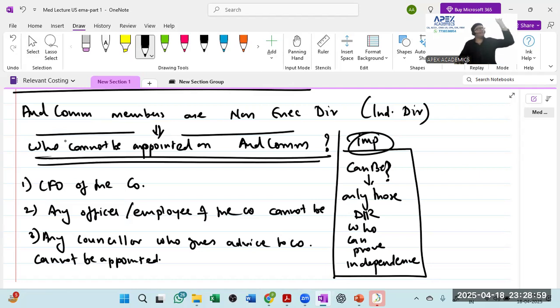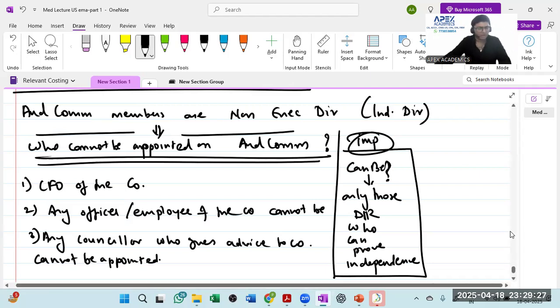I am asking whether you can be appointed on the audit committee. Whether you can be appointed as an auditor, fine. Audit committee has got no relation with that. You are looking at it from the auditor's perspective in that 1 year condition. Here you are looking at it from the company's viewpoint. समझ में आ रहा है? That's a different concept. Good doubt, but different concept.